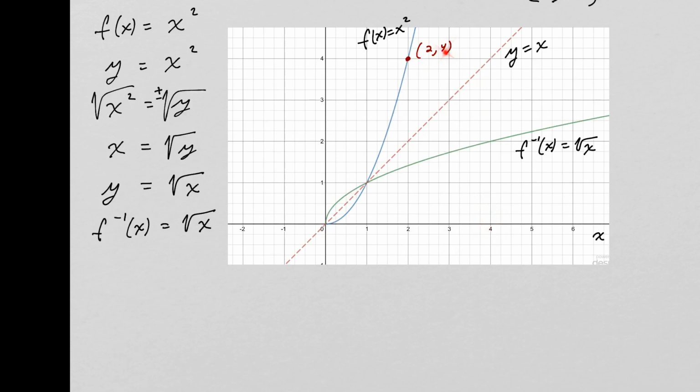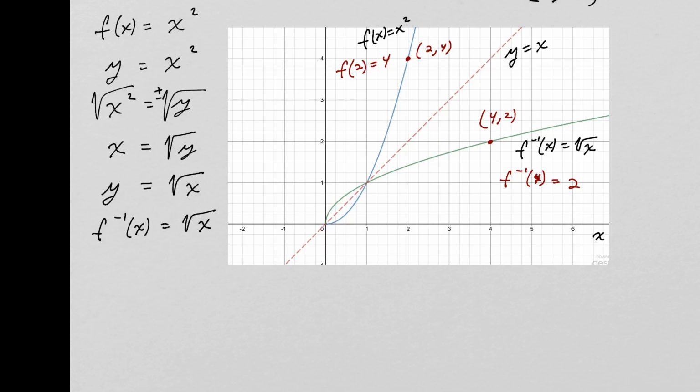Because it should flip. So this is like saying f of 2 is equal to 4. Then over here, I'm saying, well, if my input is 4 to the inverse function, my output should be 2, and it is. Right, because this is the point 4, 2. So this is saying f inverse of 4 gives me back 2.